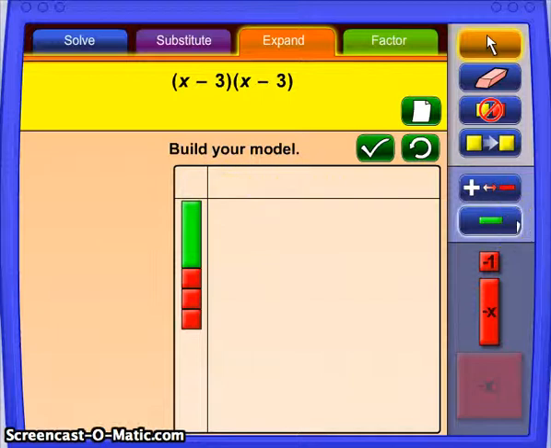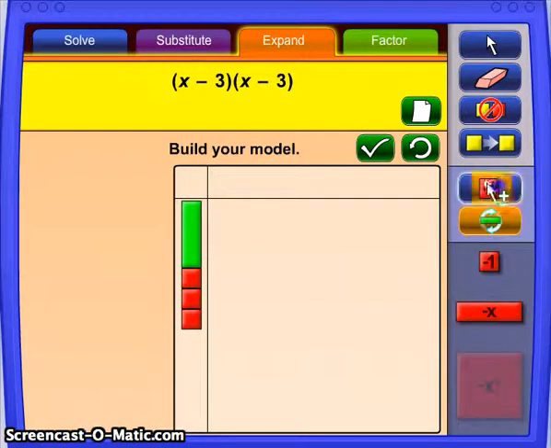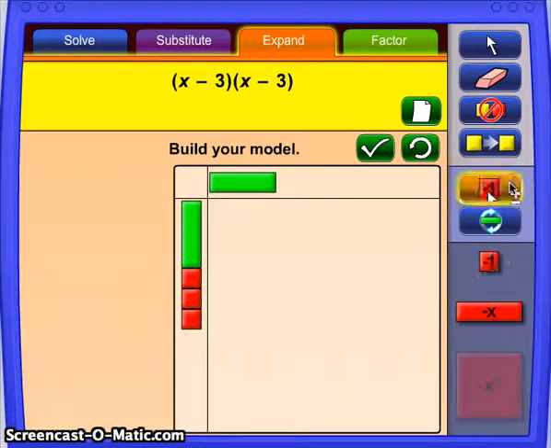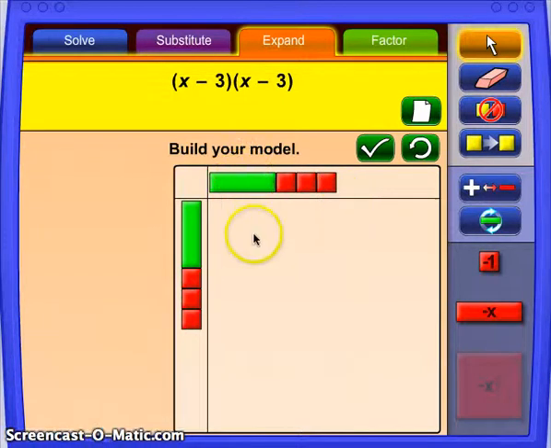And on the other side is the same. Oops. I'm going to make a positive. Need to build an x and a minus 3. So change the signs. -1, -2, and -3. And now we're going to be finding the area and building the model in this inside space.